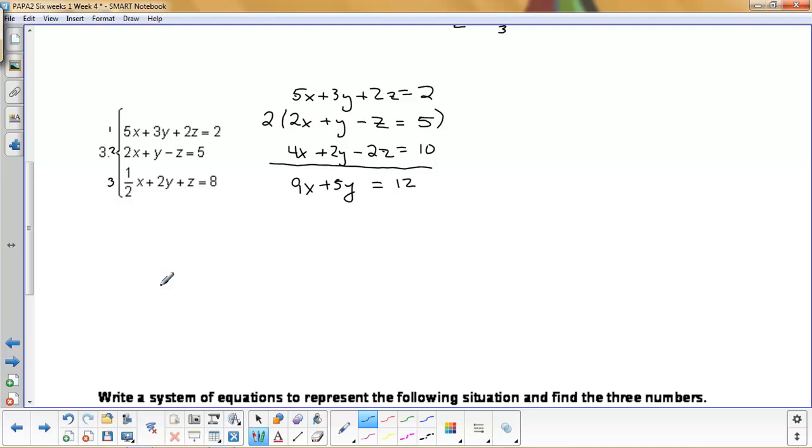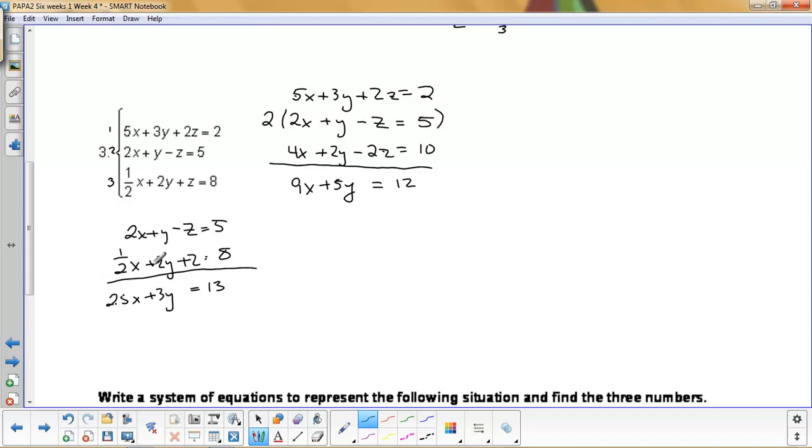I will be doing the exact same thing for the second and the third equations. 2x plus y minus z equals 5. 1/2 x plus 2y plus z equals 8. Linear combination, that's going to be 2.5x plus 3y equals 13.